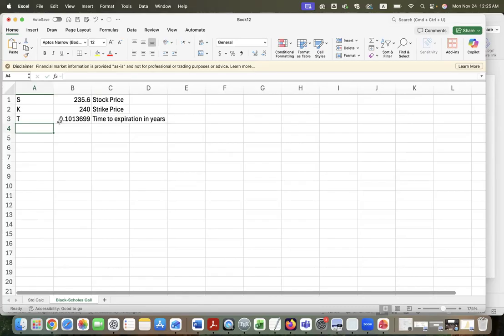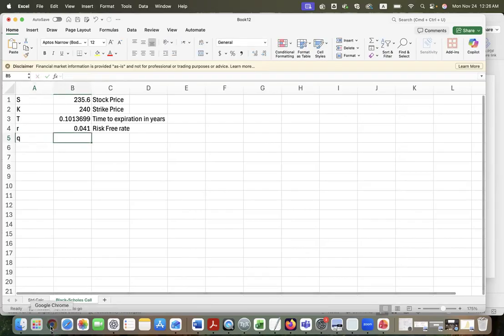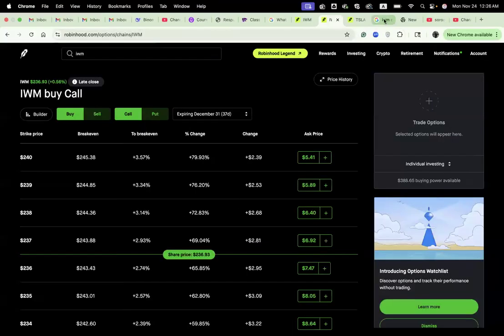Then we have interest rates. Risk-free interest rate R is right now 0.041. So this is the risk-free rate. And we need Q, which is dividend. We can just easily search that.